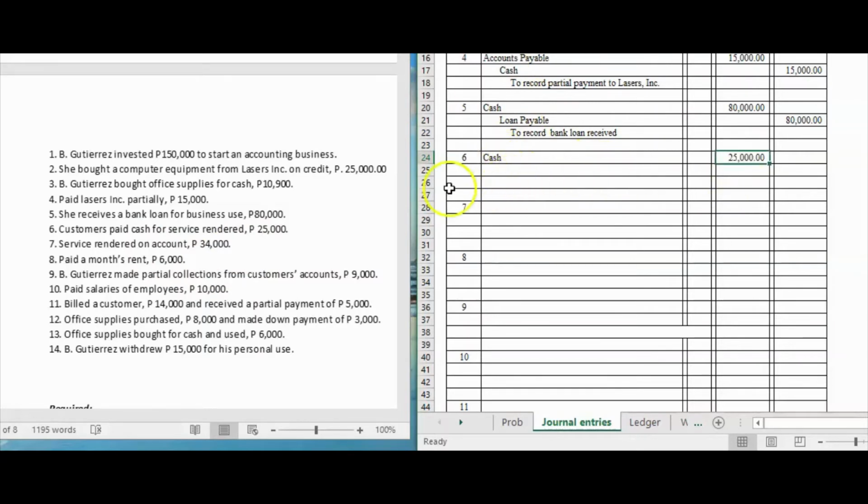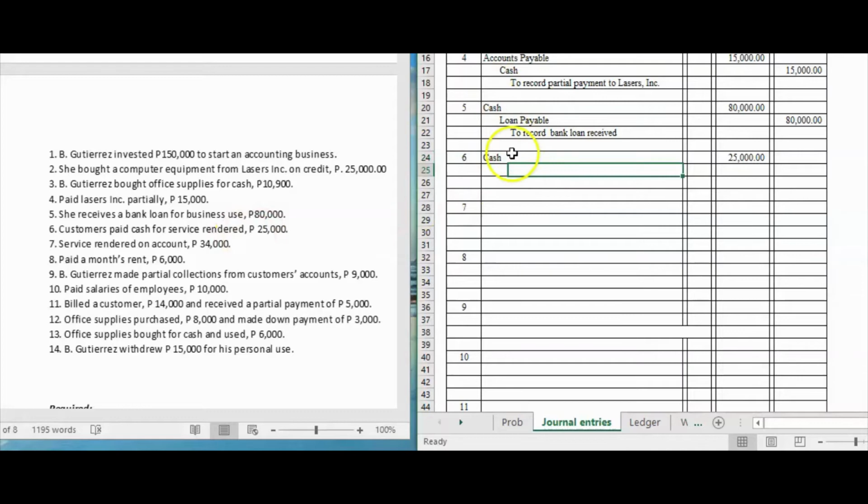Okay, yung point of view natin, wag natin kakalimutan, we are the accounting business. Si customer nagbayad kay accounting business. Kaya merong additional na cash si accounting business. So what is the counterpart of this cash? It is a service rendered. It is a service revenue.